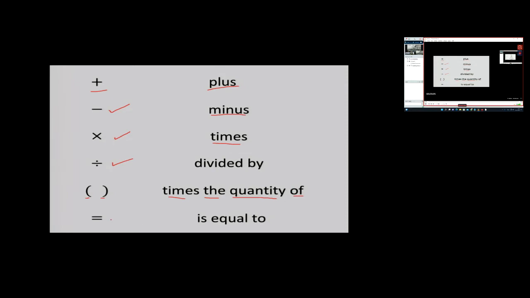And this symbol is read as is equal to, or you can also say equals, with an S. Is equal to, or you can read it as equals.